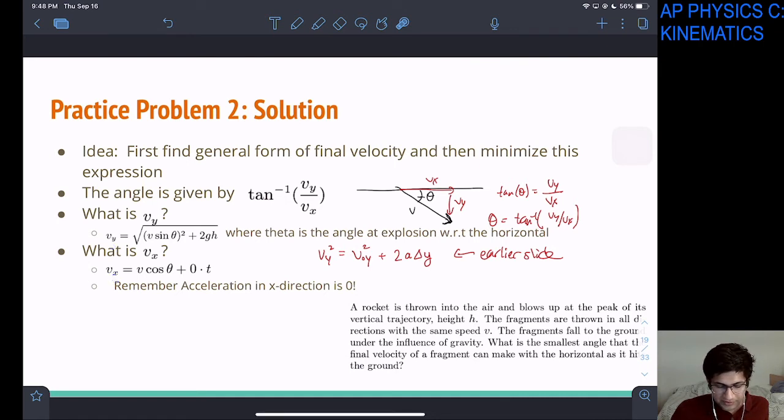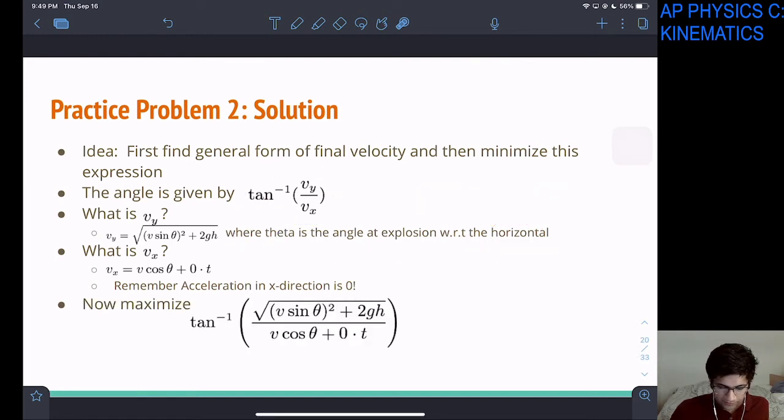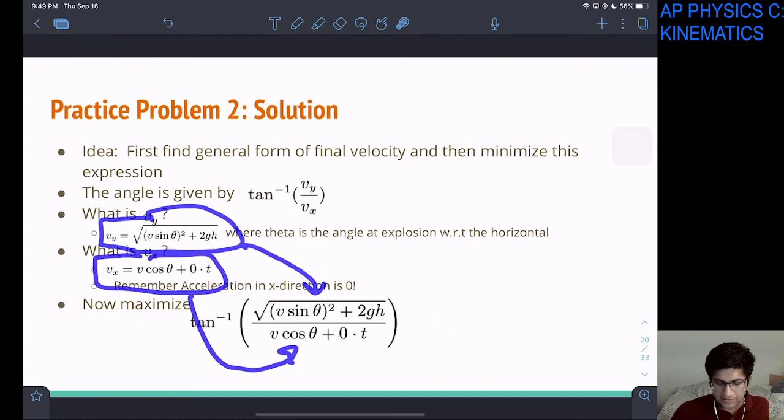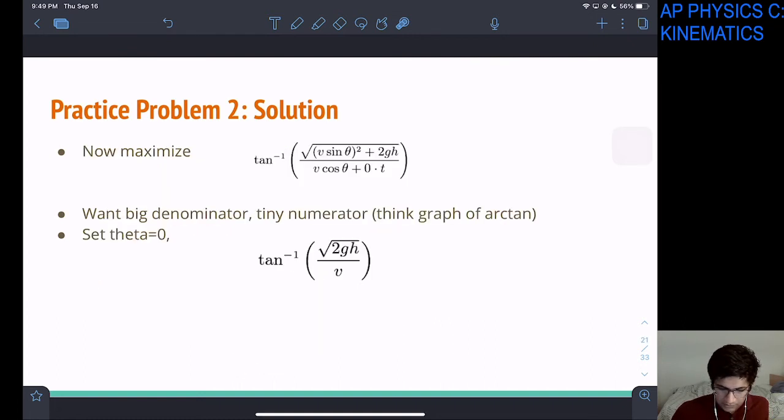We know that the final angle is given by this expression here. Why don't we plug these in and see what we can do? So if we plug this in, we get the inverse tangent, and the numerator is just this expression substituted in, and our denominator is this expression here. So we want to maximize this expression. How would you maximize this?